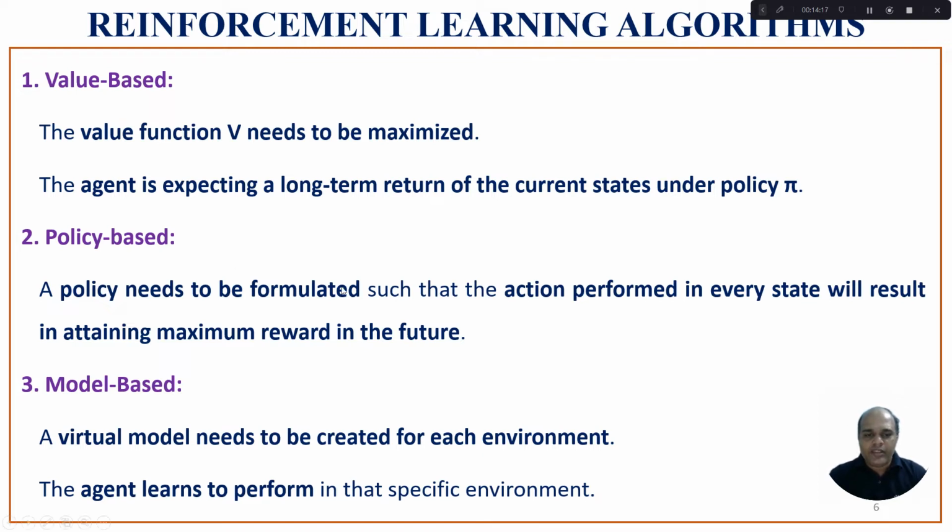A policy needs to be formulated such that the action performed in every state will result in attaining maximum reward in the future. Different policies, different actions will give different value and reward functions, so we have to select the appropriate policy so that we get maximum reward.